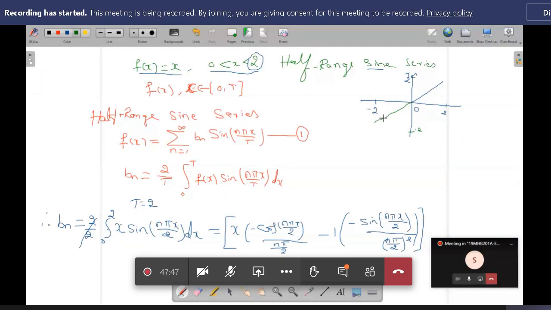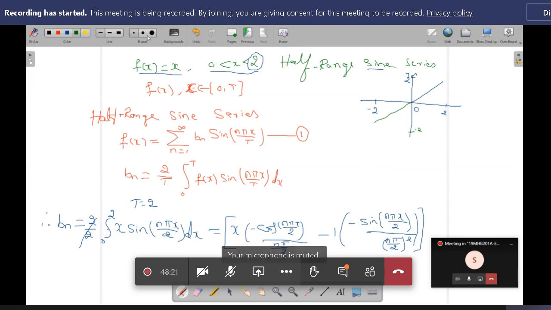Now this function, whatever was in 0 to 2, extended to the interval -2 to 2, gives again a straight line, and it is an odd function throughout the interval -2 to 2. If I specify sine, that is this. The same function on the same interval, I can also ask you to find the half range cosine series.